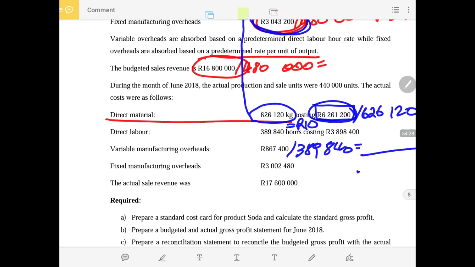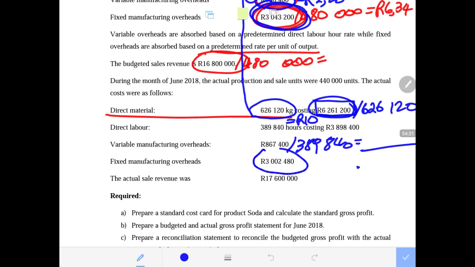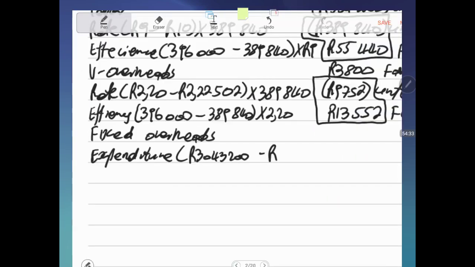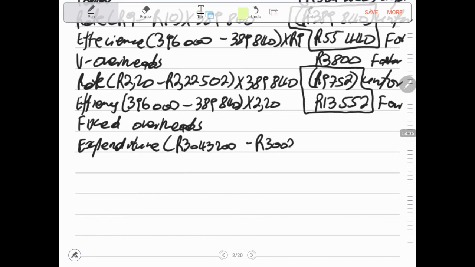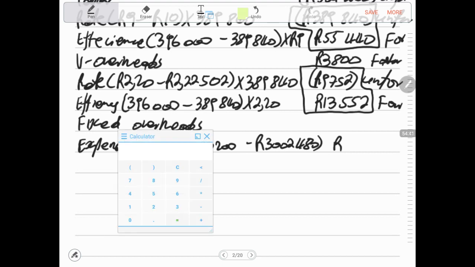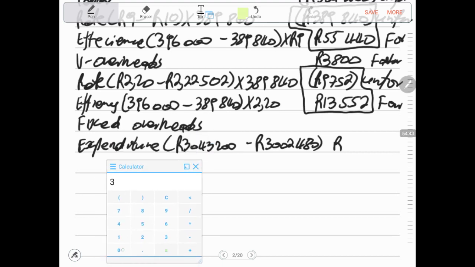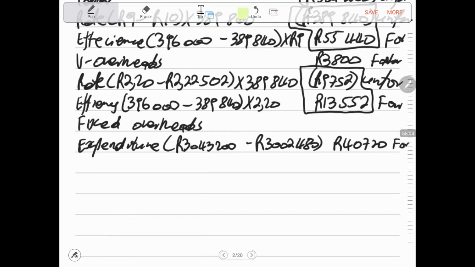Actual fixed overheads was 3,002,480, and that variance will be 3,043,200 minus 3,002,480. This will be a favorable variance of 40,720. Favorable.